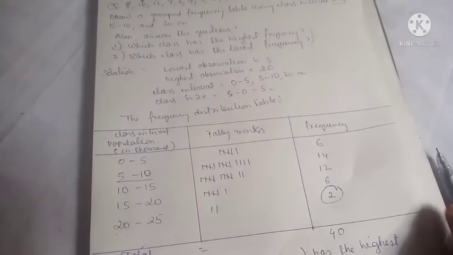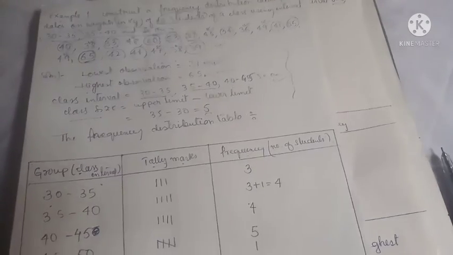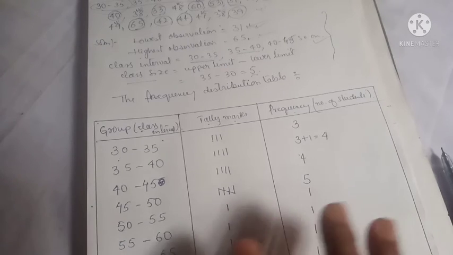This is how we are going to prepare the class distribution table or group frequency distribution table. Understand? You have already understood how to prepare the class intervals, tally marks and the frequency.